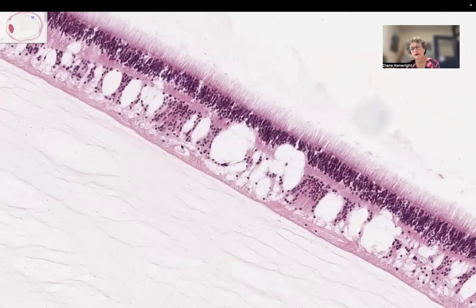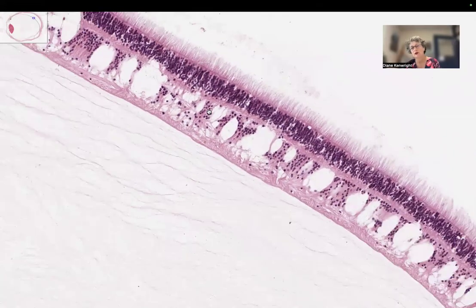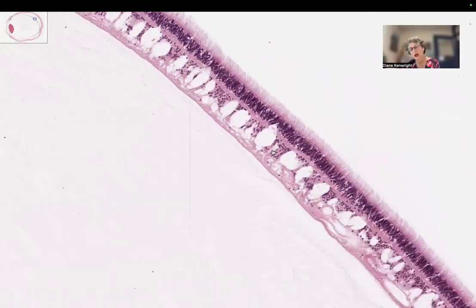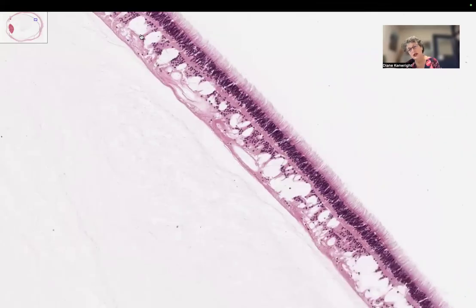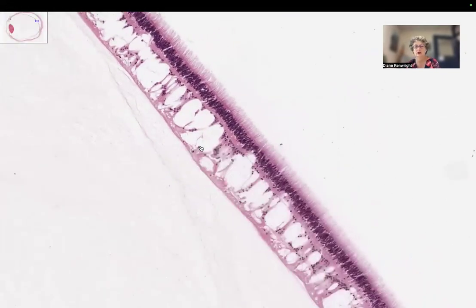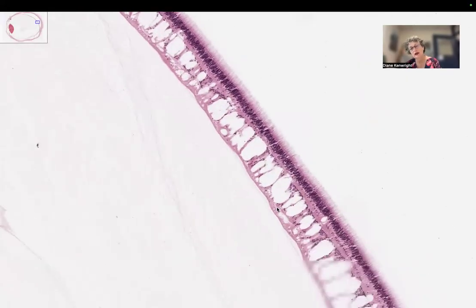We've got a vessel here, but it looks okay. And we're coming round further posteriorly now. Still not a lot of vascular change in the eye. You can see that this edema is disrupting the inner nuclear layer.